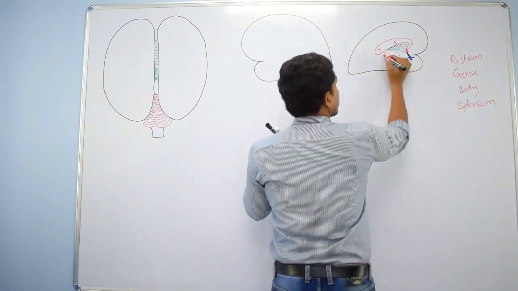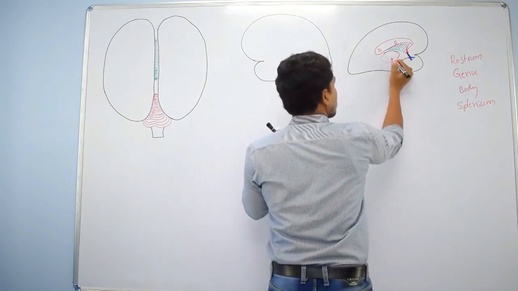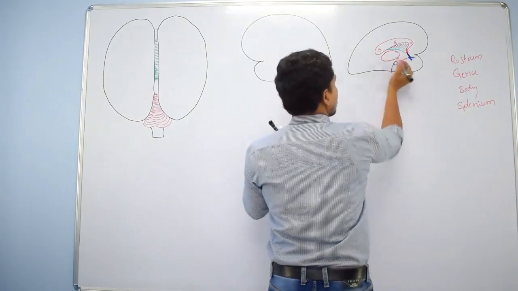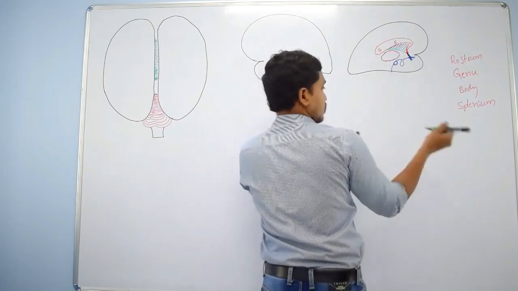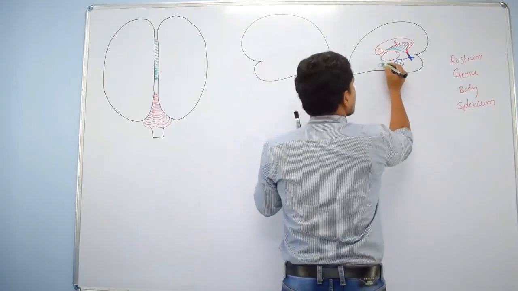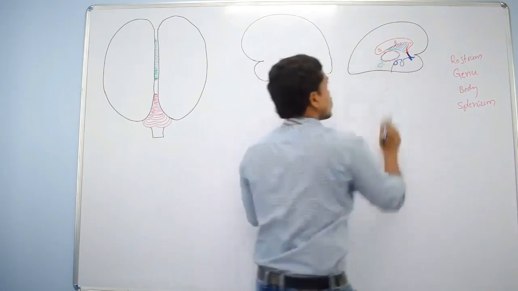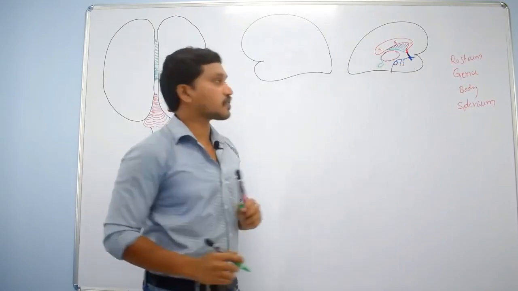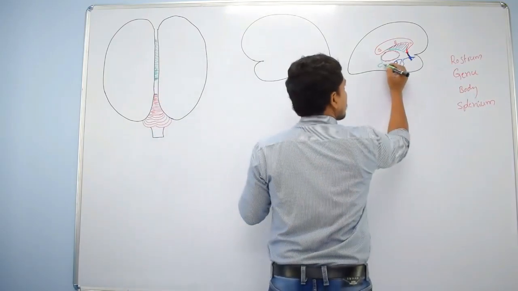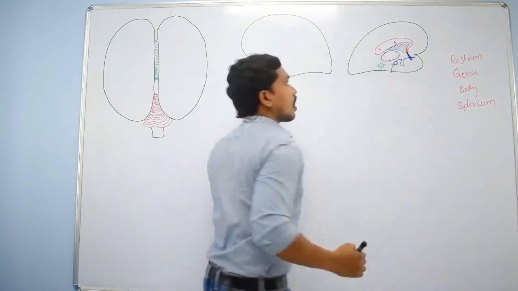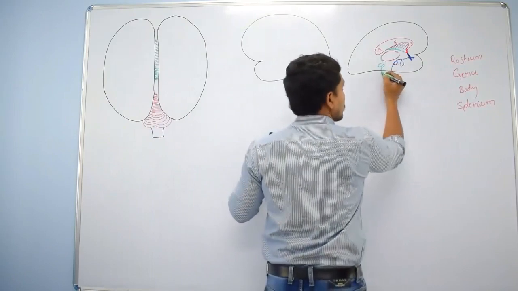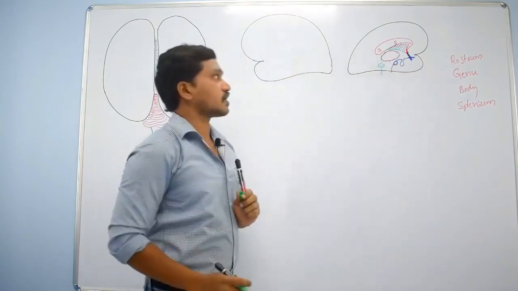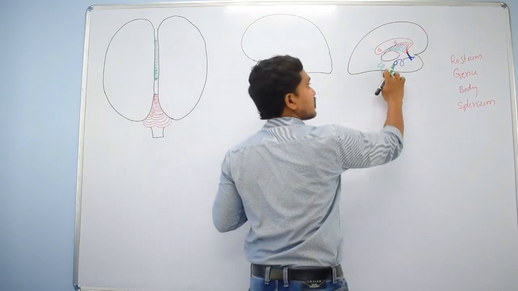Here you can see the thalamus. Then what is this? This is the pineal gland or pineal body. Then the superior colliculus of the midbrain. Then the inferior colliculus of the midbrain.